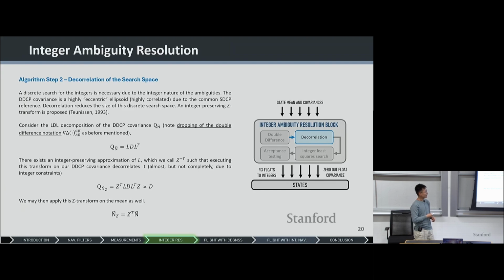But there is a seminal technique called the Z-transform in literature, where it's basically an LDL decomposition, except it accounts for the fact that I'm dealing with integers and not floats. And so the Z-transform is an integer approximation of the LDL decomposition.